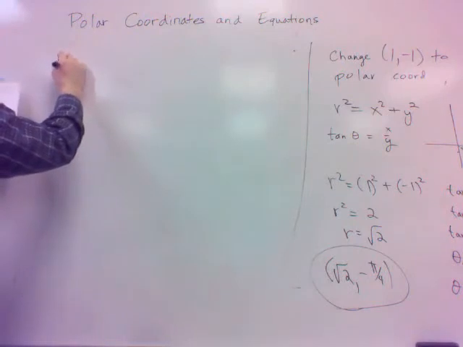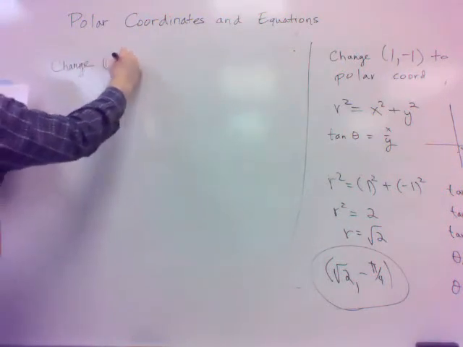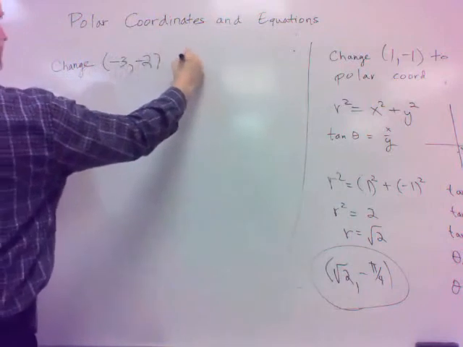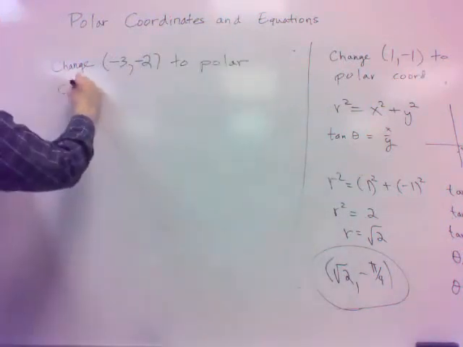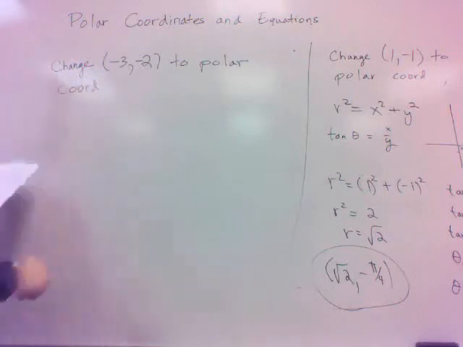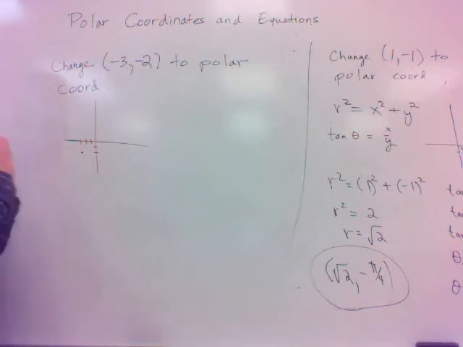Okay, what about this one? -3, -2 to polar. So we're talking -3, -2, right there, quadrant 3.